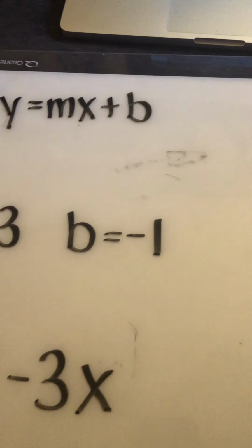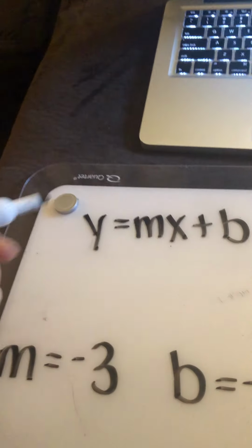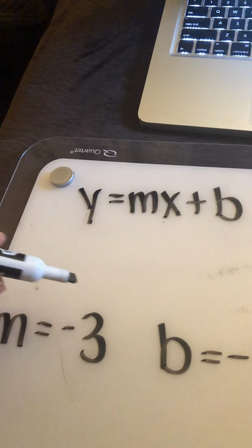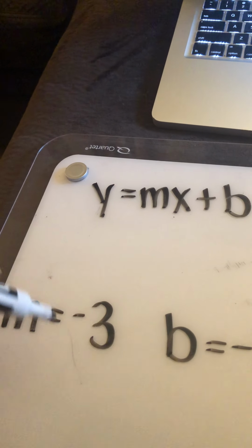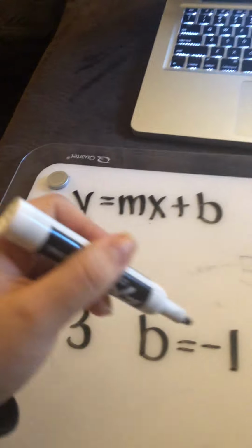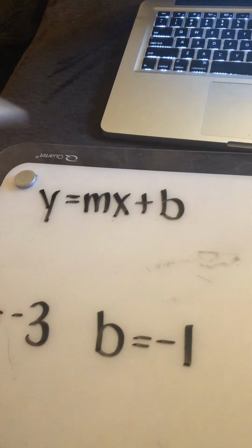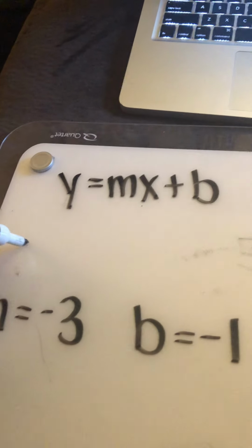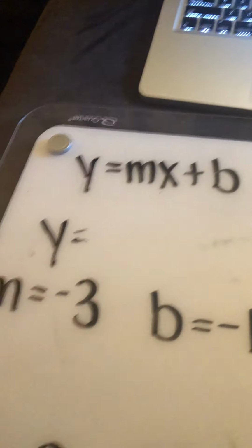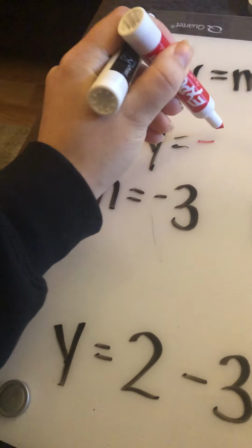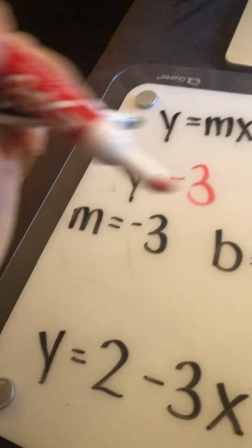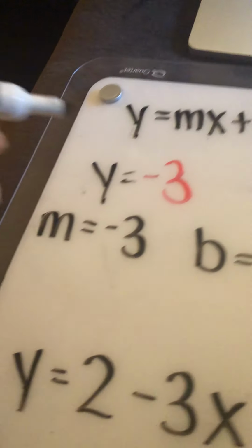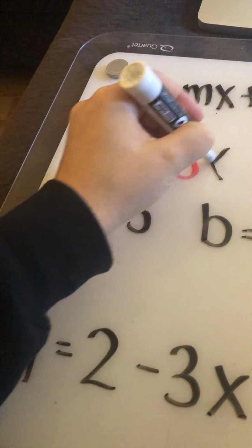So what you do is you take the equation, y equals mx plus b, and you're going to plug in what they give you for m in place of m, and what they give you for b in place of b. So let's see, our equation would now be, if m was negative 3, y equals, I would put negative 3 in place of m, so negative 3, and then after m, x always follows, so negative 3x.